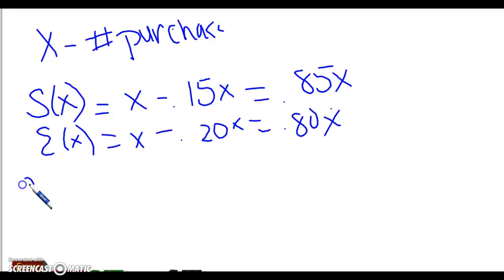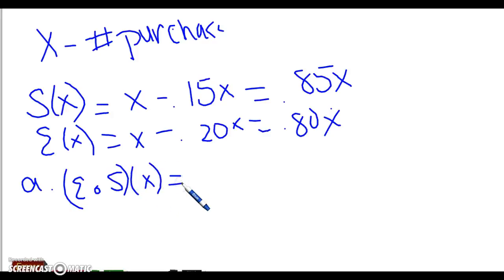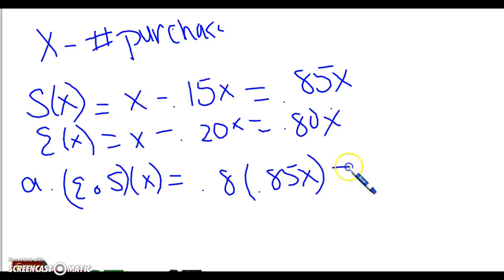So that would be, for part A, E composed of S of X, which will be 0.80, and then my X that I'm plugging in is 0.85X, which is 0.68X.